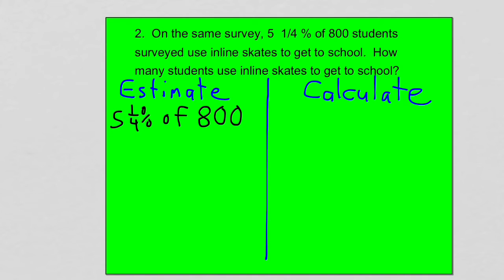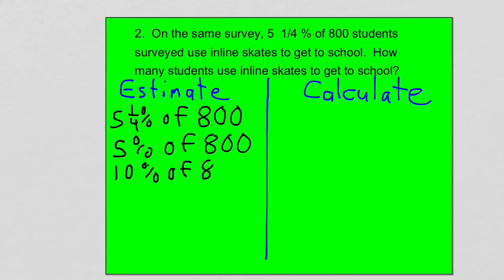So a reasonable number to round off here to would be 5% of 800. But we wouldn't start with 5%, even though technically we could, because 5% means to divide by 20. And that would be really reasonable to do. But so the kids can maintain a consistent pattern, I might get them to first do 10% of 800, because they should be really good at that by now.